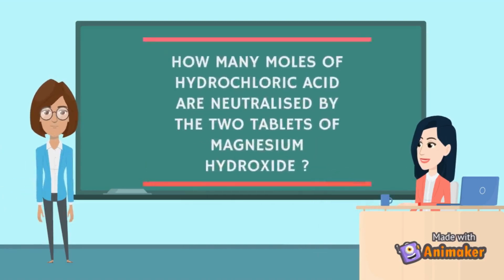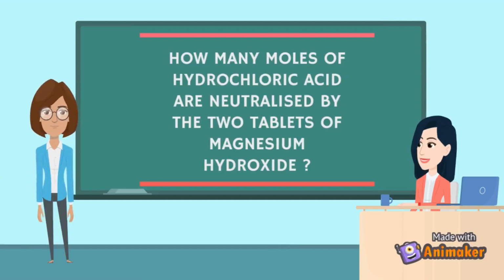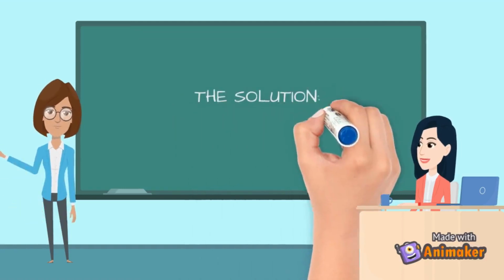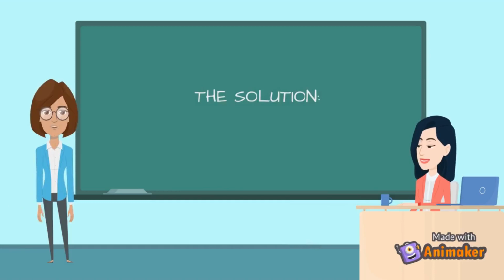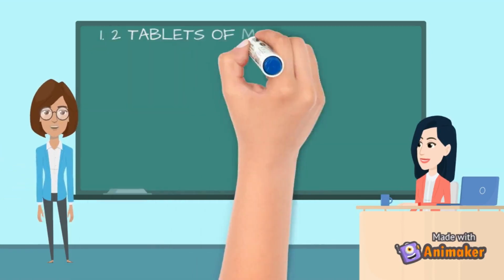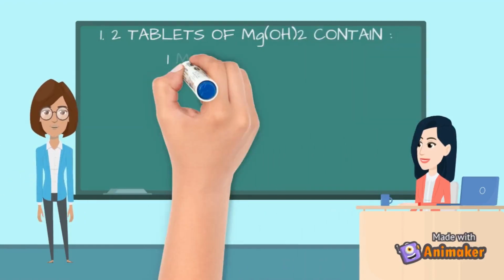So now the question here is how many moles of hydrochloric acid are neutralized by the 2 tablets of magnesium hydroxide. First of all, to calculate the moles of hydrochloric acid HCl, we must know how much magnesium hydroxide Mg(OH)2 is in 2 tablets, since the label suggests a dose of 2 tablets.